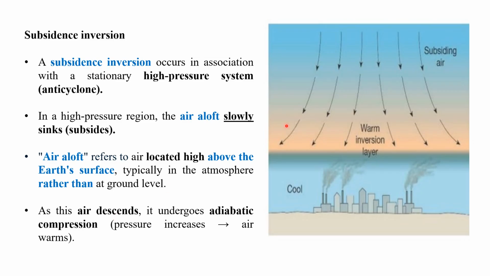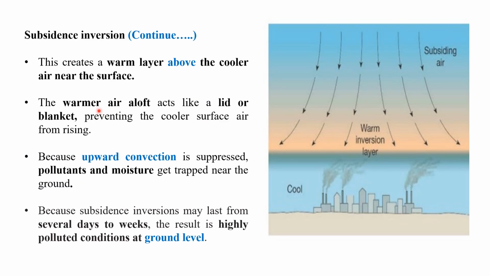As this air descends from top to bottom, it undergoes adiabatic compression. And due to pressure increase, air warms in this zone. So this creates a warm layer above the cooler air near the surface. The warmer air aloft acts like a lid.